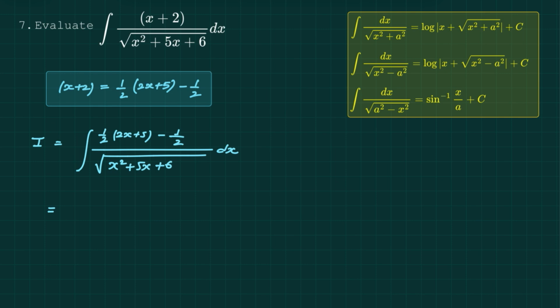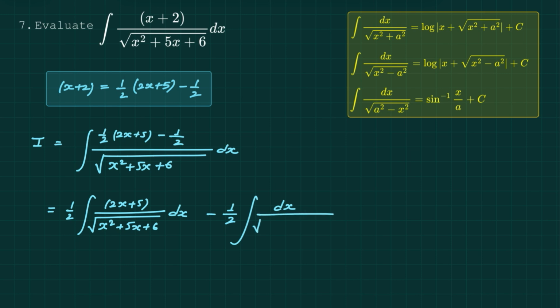So splitting the integral, we have 1 by 2 is constant, integration of 2x plus 5 over square root of x square plus 5x plus 6 dx, minus 1 by 2 is constant, dx over square root of x square plus 5x plus 6.